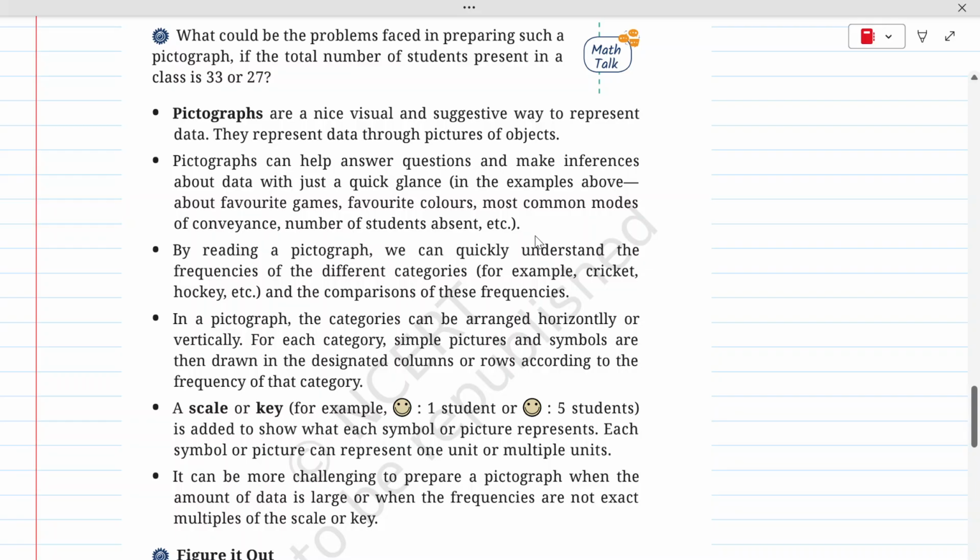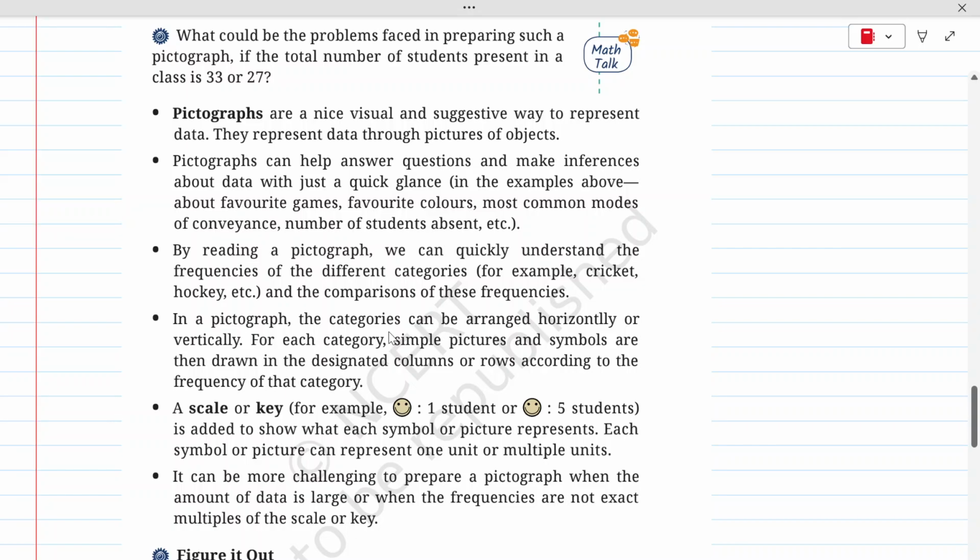So it is very easy to understand things, kids, when we have pictures representing the data. We can easily understand the frequency and the different categories. By reading a pictograph, we can quickly understand the frequency of different categories, for example cricket, hockey, and the comparison of these frequencies.